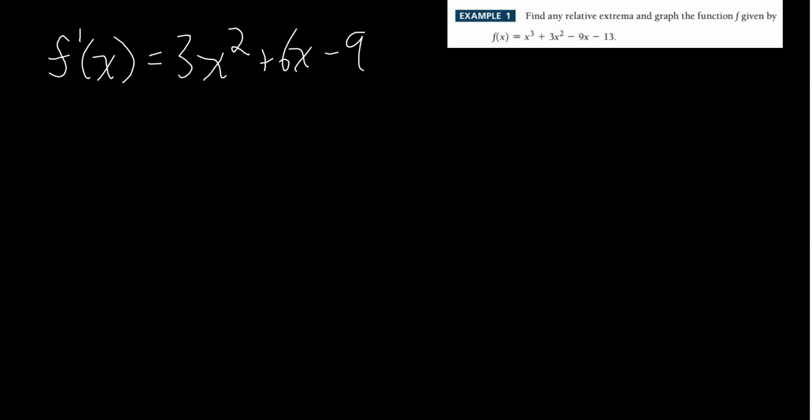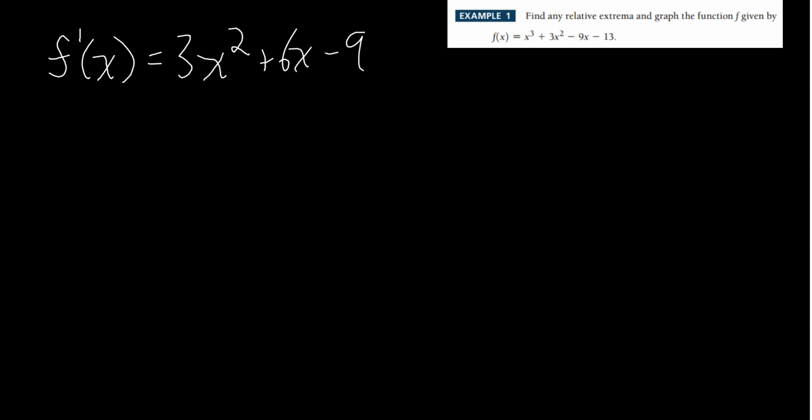So f prime of x is equal to, x cubed gives 3x squared, plus 6x minus 9. Okay, that's the first derivative.